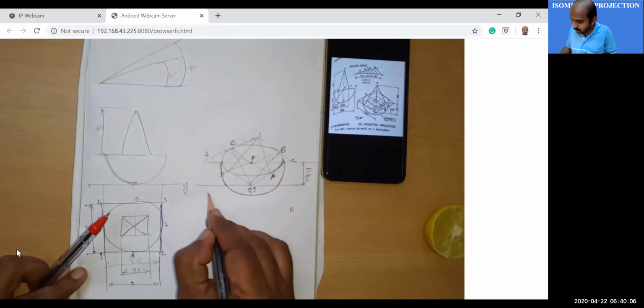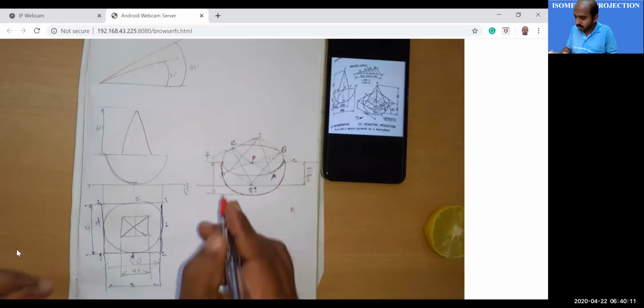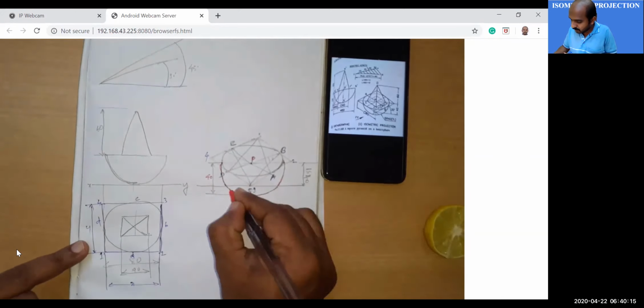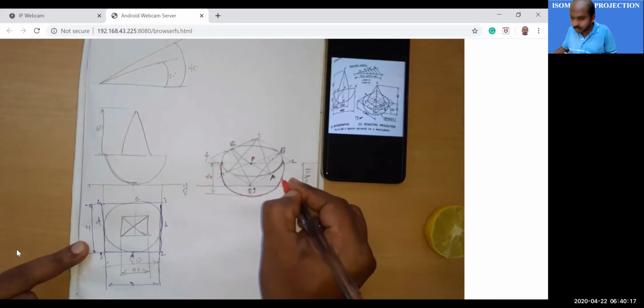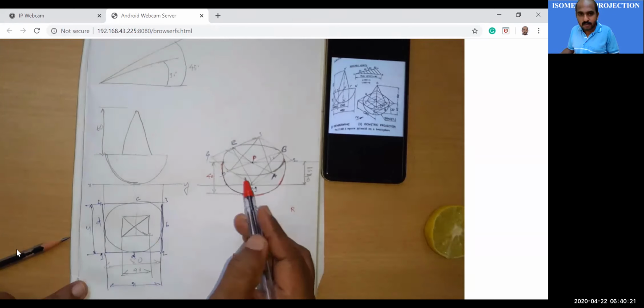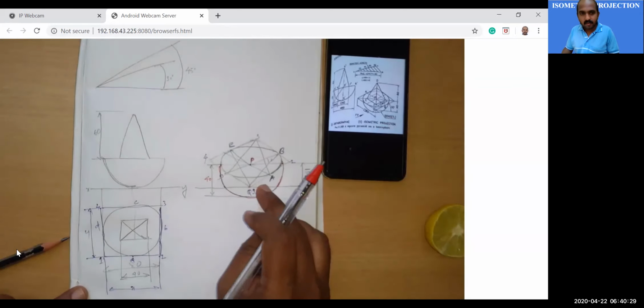This dimension is equal to your original 40. Original 40. Okay, clear. Now we completed the isometric projection of your hemisphere.